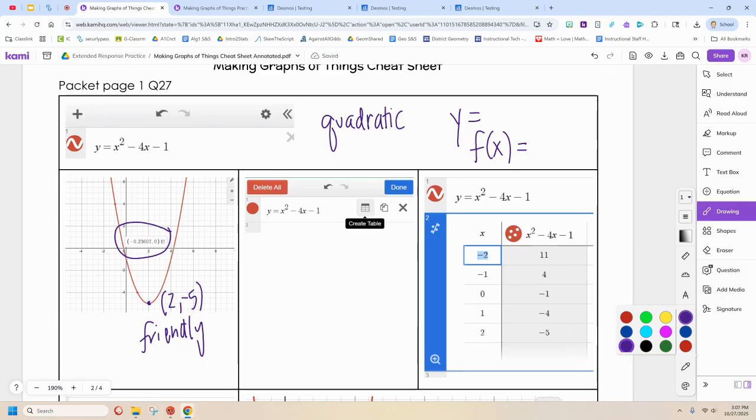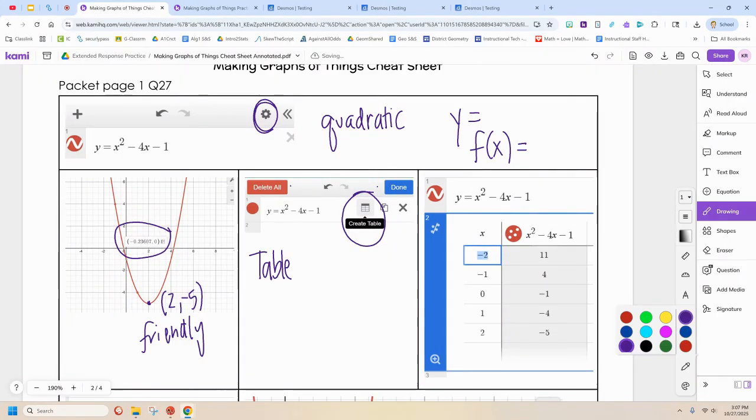So when you're putting your equation in and the graph pops up, there's a couple things that we're going to do. The first thing we're going to focus on is getting a table. This is the settings wheel, and when you press the settings wheel, this menu comes up with the words delete all and done and this, which says create a table.